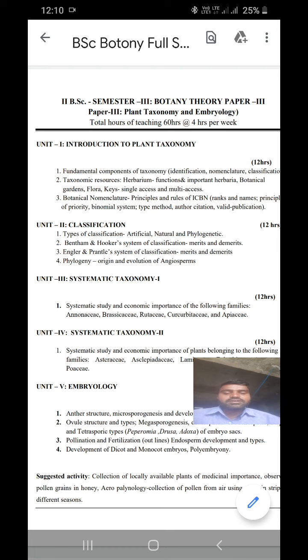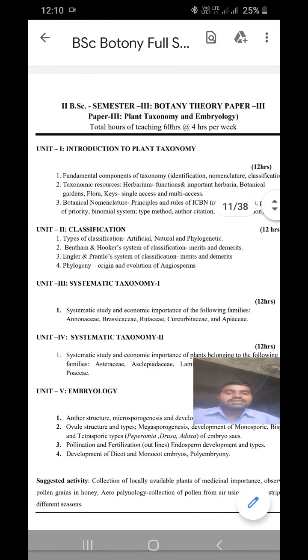Many scientists followed external characters, like Aristotle.